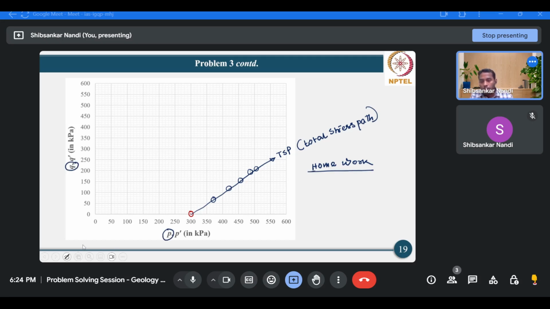Now it's your turn, so you please draw the effective stress path. So this is the homework. It's very simple. You have to first plot the data and then connect those data by a line. Okay. So the qualitative trend.